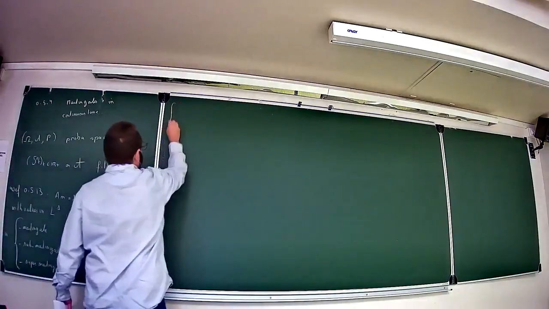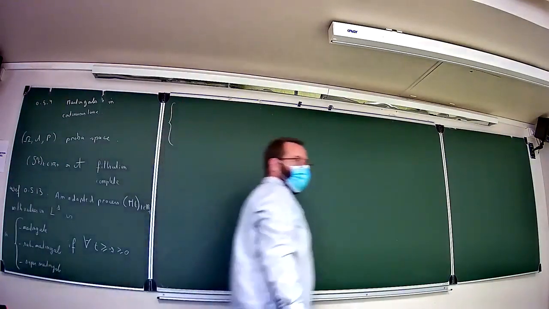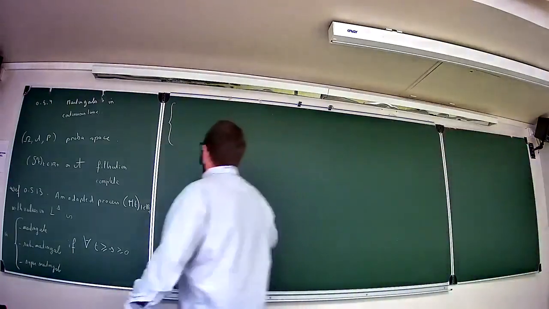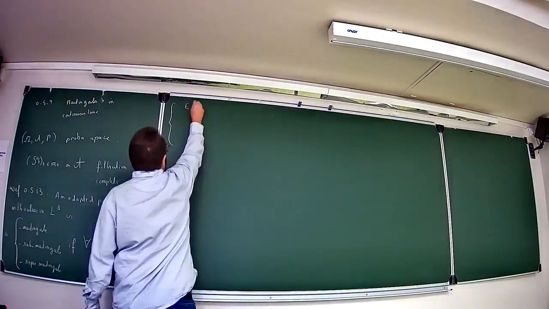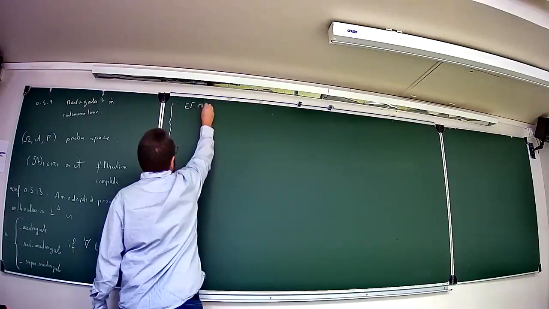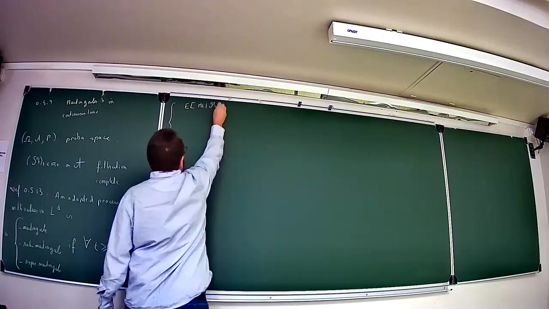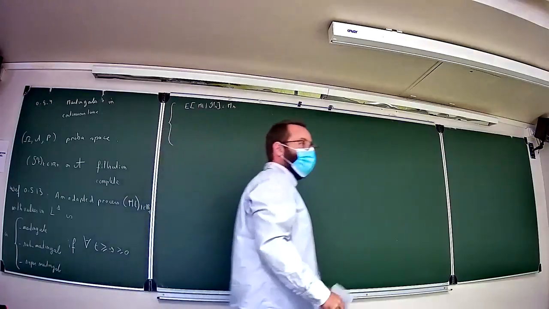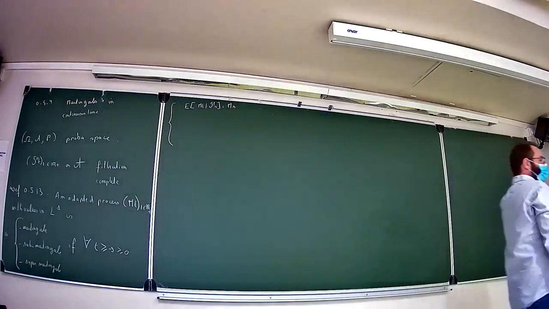So 3 definitions, so 3 conditions. So martingale, if the conditional expectation of Mt given Fs is equal to Ms. This is the definition of being a martingale in continuous time.